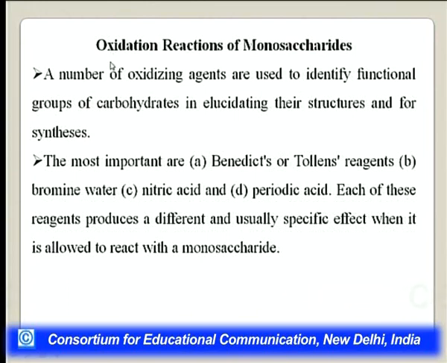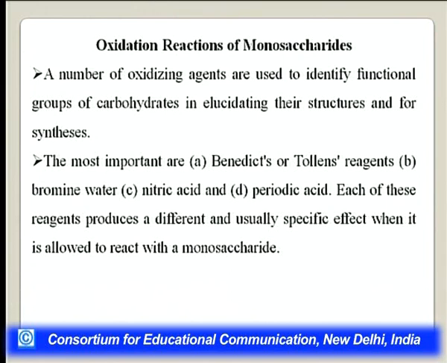Another important reaction of monosaccharides is oxidation. A number of oxidizing agents are used to identify functional groups of carbohydrates, in elucidating their structure and for synthesis. If you remember, when we were elucidating the structure of glucose, we talked a little about the oxidation reaction of glucose.